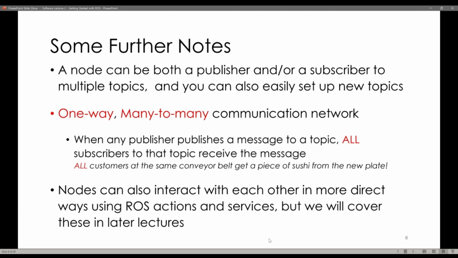So this is a one-way, many-to-many communication network. When any publisher publishes a message to a topic, all subscribers to that topic receive this message. So all customers at the same conveyor belt get a piece of sushi from the new plate that the chef puts onto the conveyor belt.